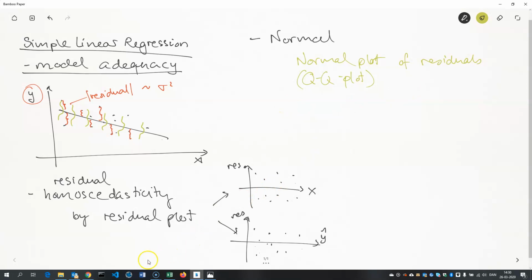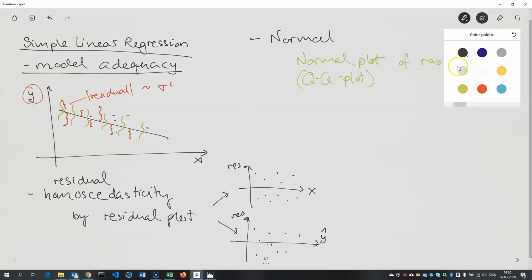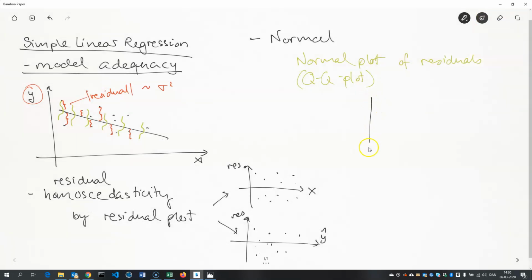The normal plot is a plot in which we put the residuals on the x-axis, and then we put a normal score on the y-axis. The normal score is a number that we compute, which basically tells us what number we would expect if the residuals have a normal distribution.